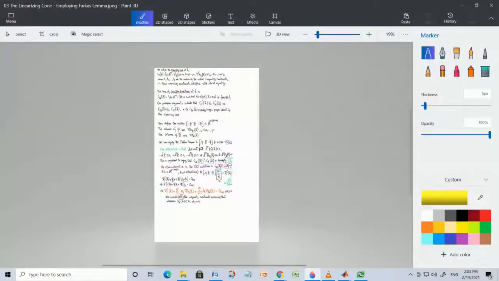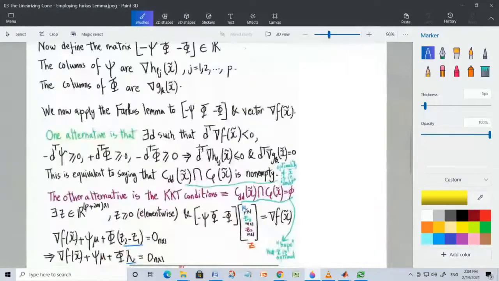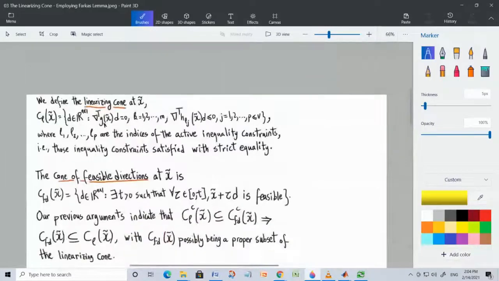so now we define another cone, the linearizing cone. From previous pages, we have a cone of descent directions. Now we have the linearizing cone.